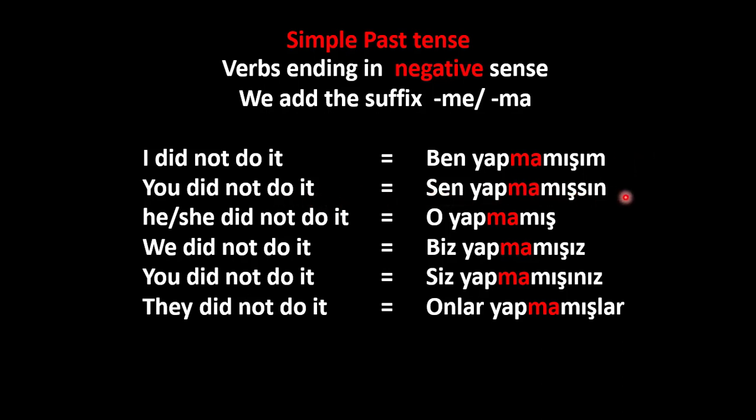You did not do it. Sen yapmamışsın. I didn't witness it, but I heard you didn't do it. He or she did not do it. O yapmamış. We did not do it. Biz yapmamışız. So here is the verb stem, the negative -ma, -mış to indicate the past tense of what you did not witness, and the person suffix.